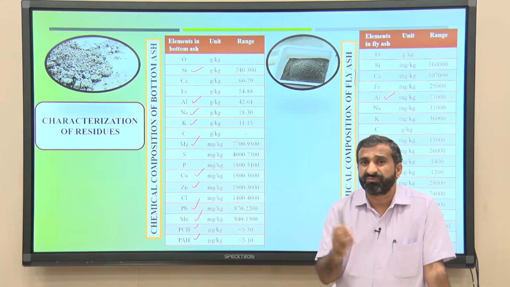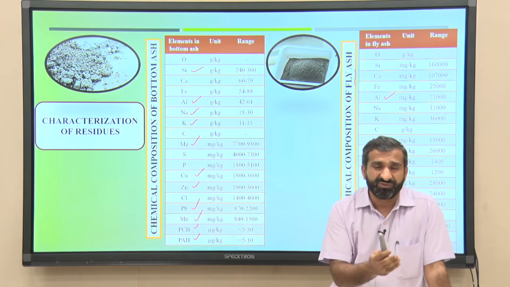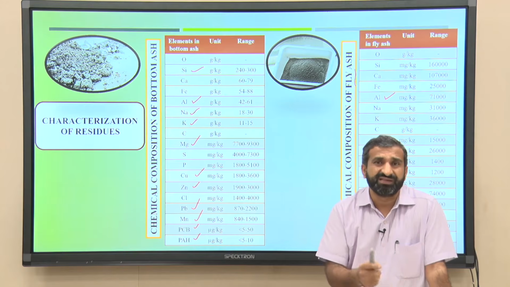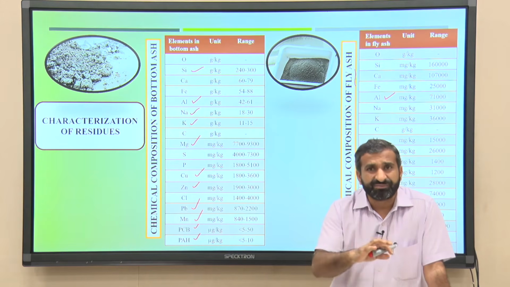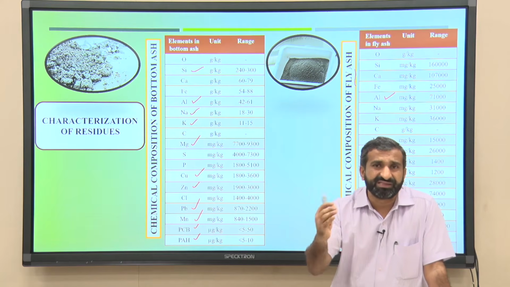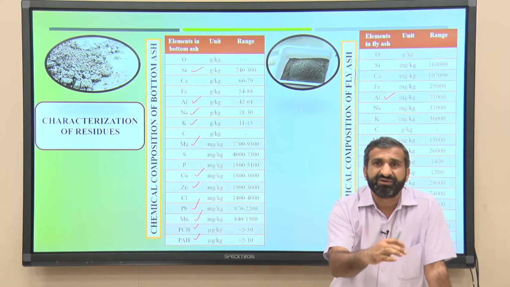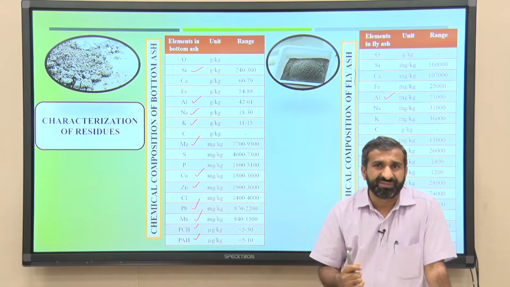So, it is always proposed to do a leachate characteristic study, or TCLP experiments have to be done, that is testing for leachability. The purpose is to check whether these metals are leachable once you use it for any construction material.